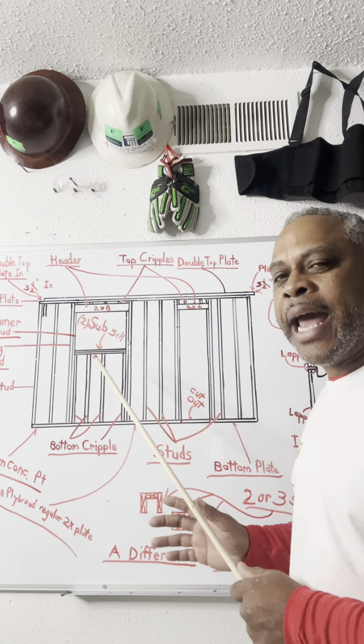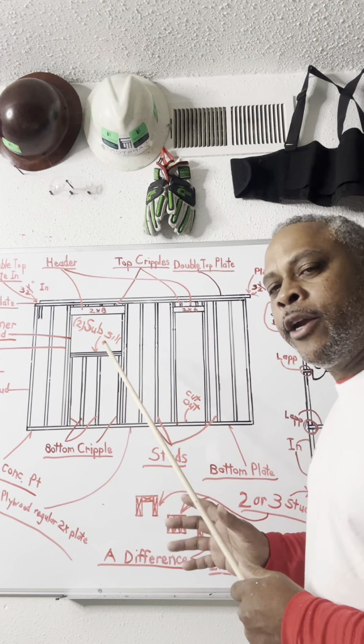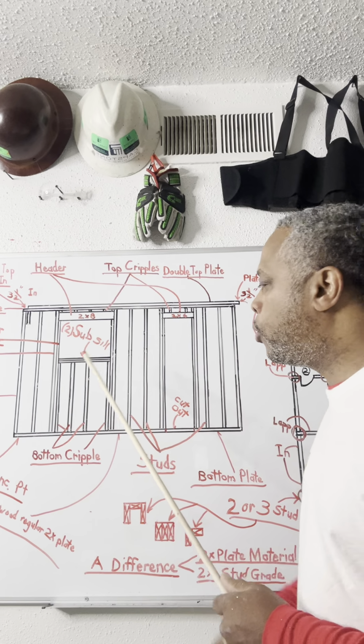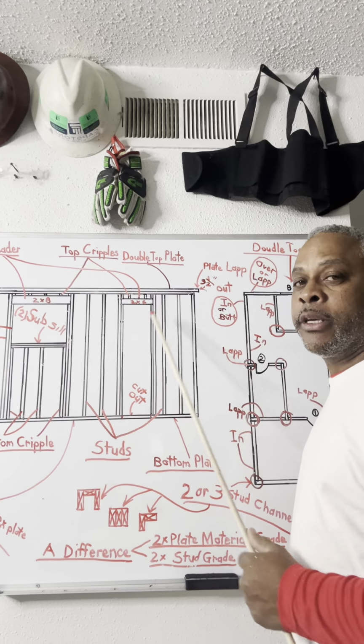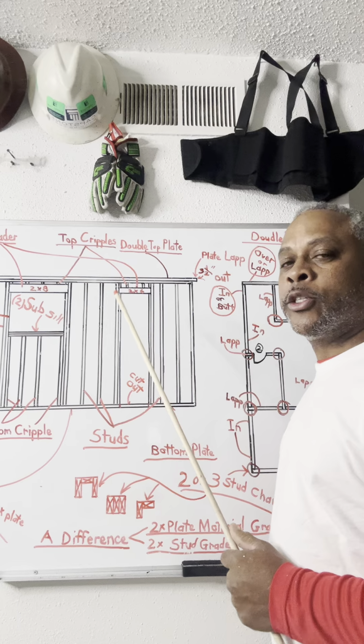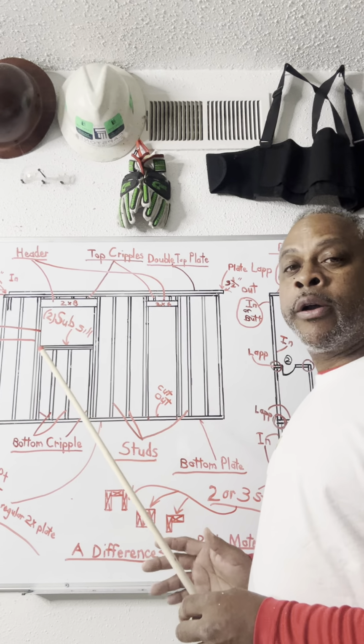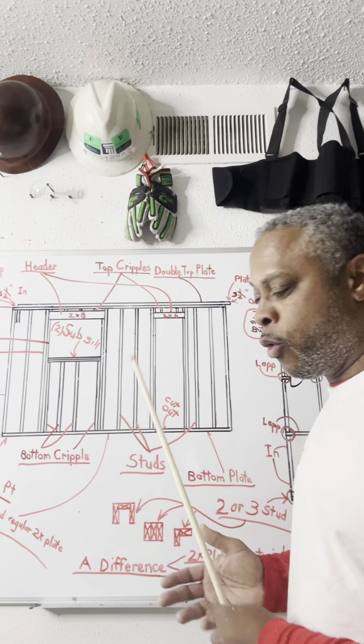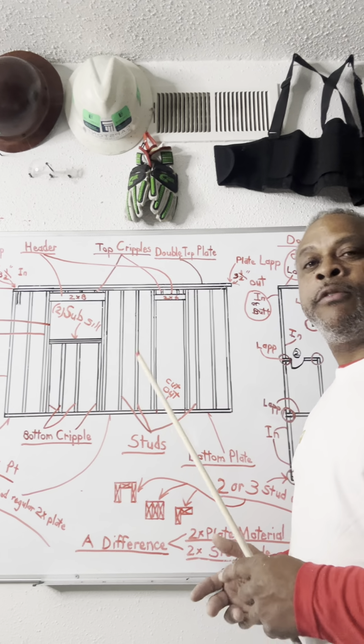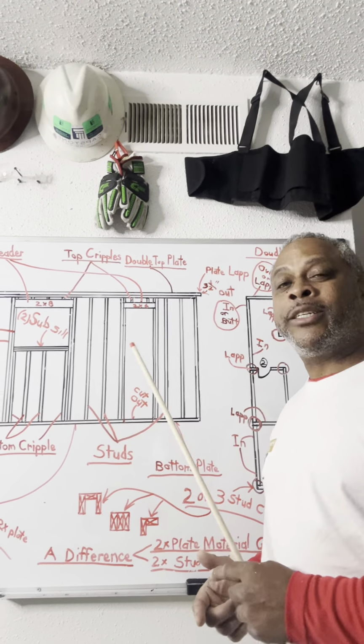There's going to be a layout that you must adhere to when it comes to all of this being put together. We're going to create a story pole that's going to tell us different sizes of our headers, because headers are going to be 4x4, 4x6, 4x8, 4x10, 4x12.